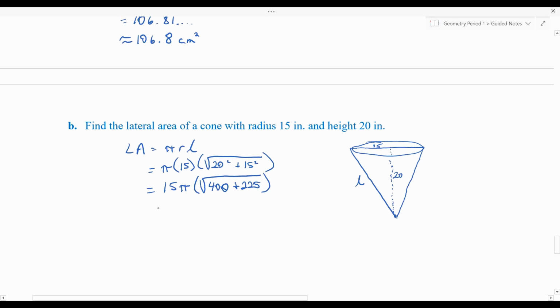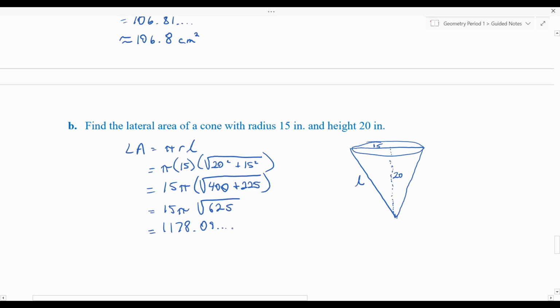We clean this up a little bit more. We have 15 pi times the square root of 625, and this equals, when you multiply this in a calculator, 1178.09, and a bunch of stuff after that.